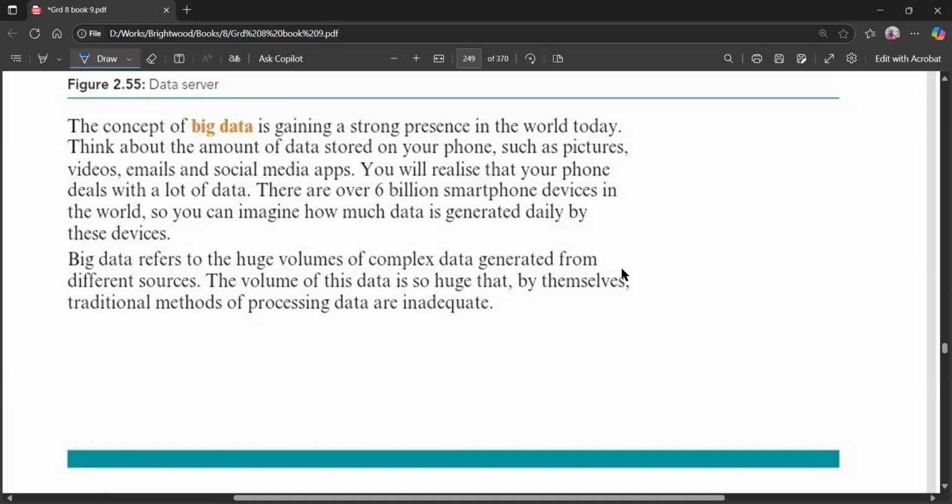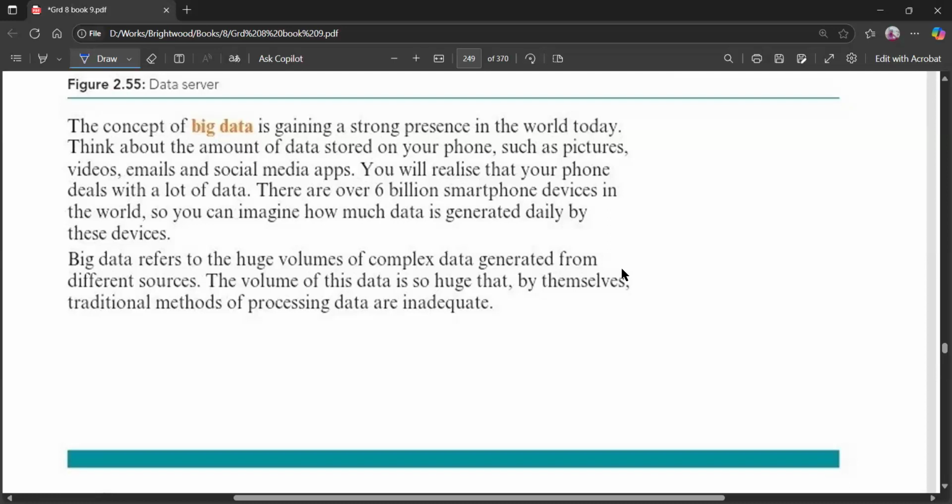So think about the amount of data stored in your phone. Just think what that data is. It can be pictures, videos, emails, and social media apps.